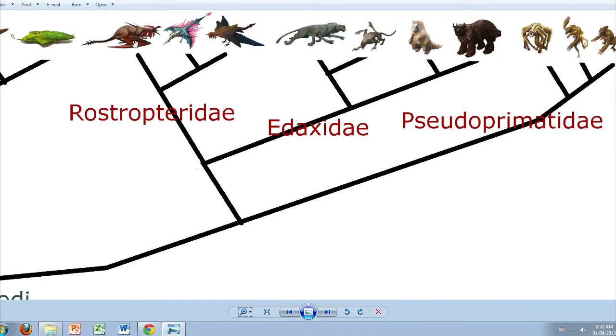And within this order, I've created 3 families. I consider the Rostroteridae, which means rostro means beak, and teri means wings, so beak winged. Because I think all these 3 species all have beaks and wings. But even if they don't all, that's not too bad, because at least the most primitive member of this family, the harpy, has both beaks and a wing.